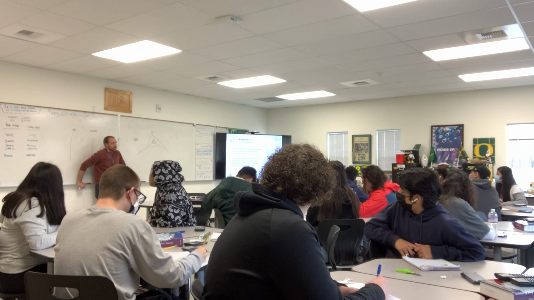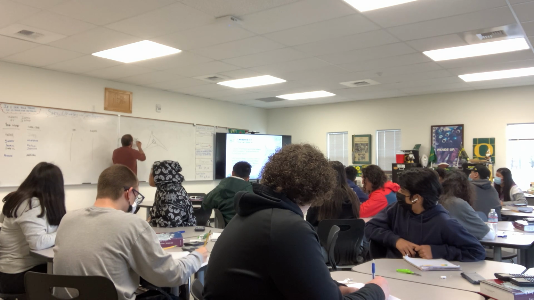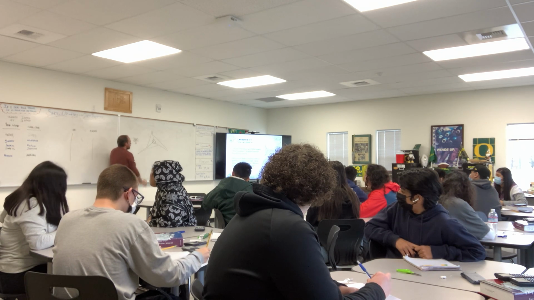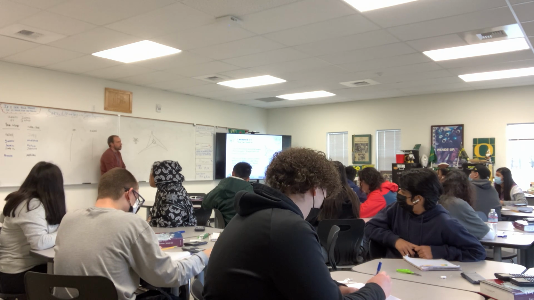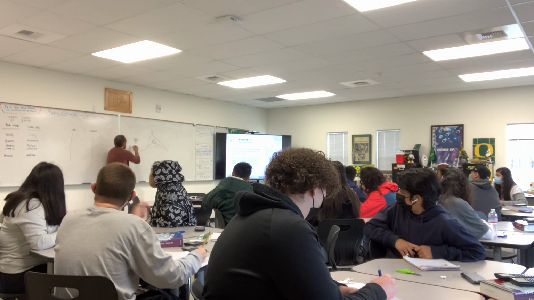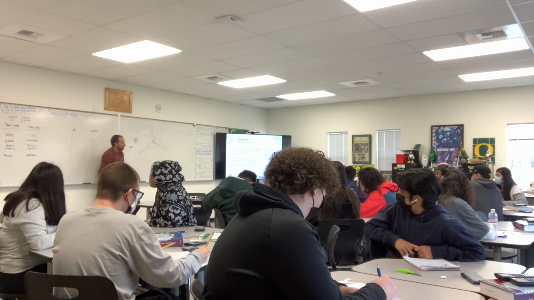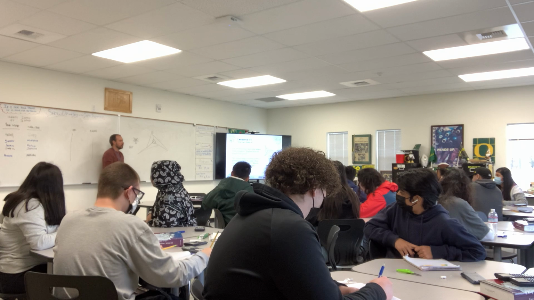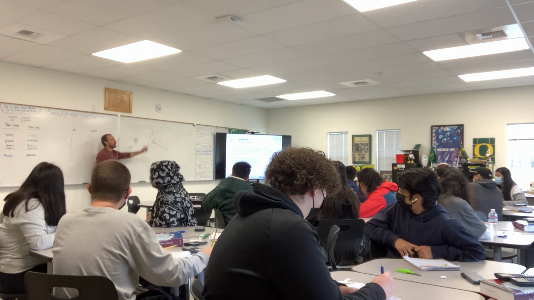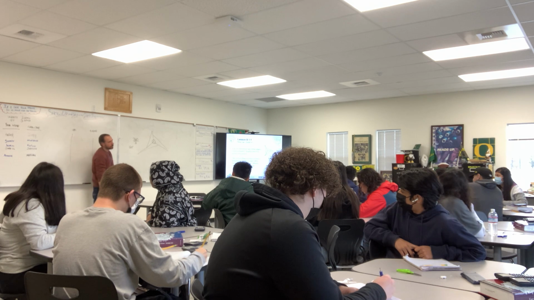360 divided into 3 pieces means each of those angles is how many degrees? 120. Only if they were regular. We don't know that first, unfortunately.